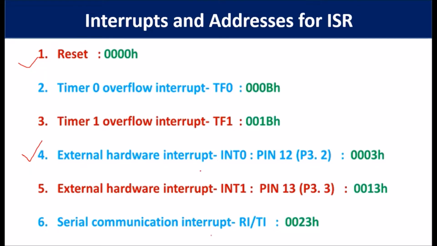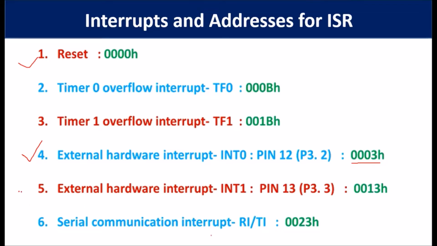the external hardware interrupt, that is INT0 at pin 12, that is the P3.2 pin of 8051. The interrupt service routine address for INT0, that is external hardware interrupt 0, is 0003H.